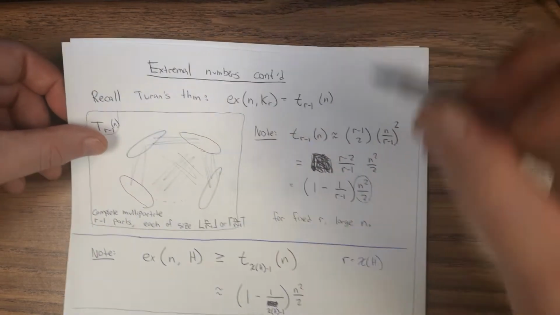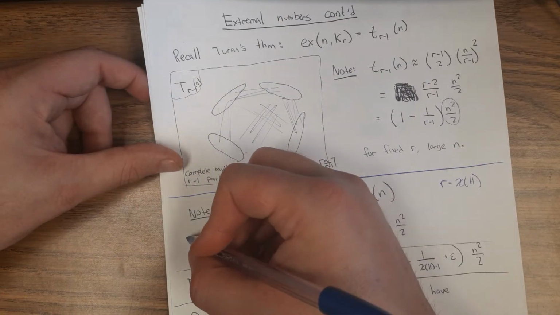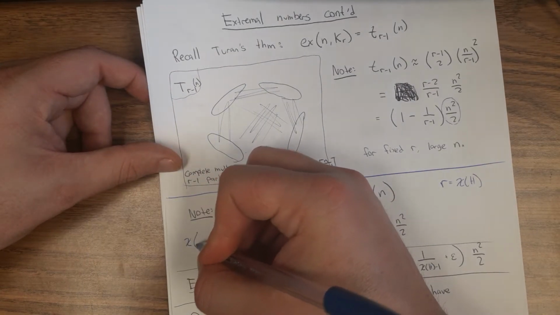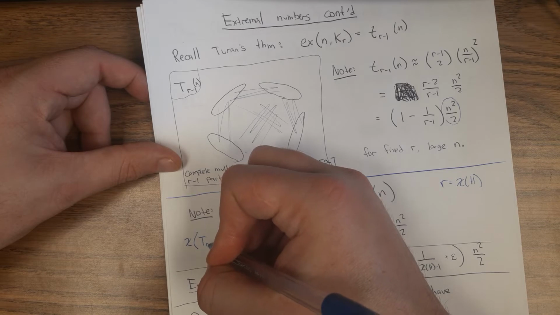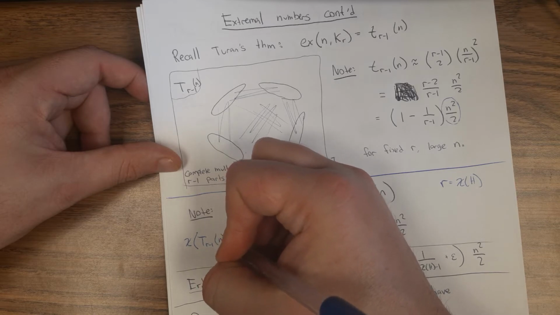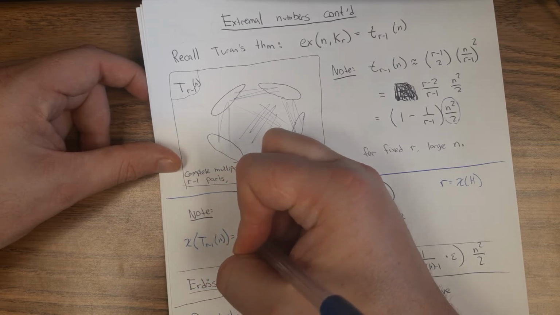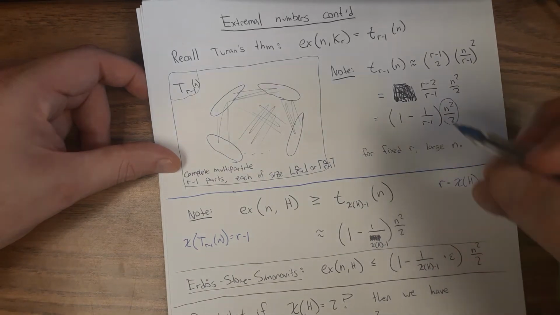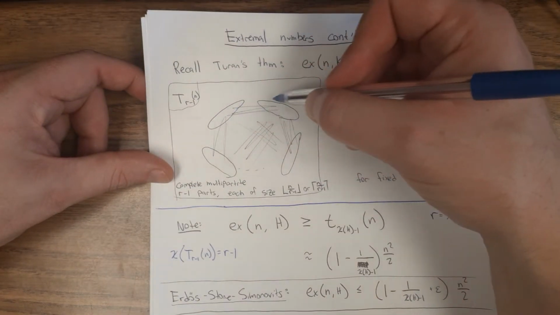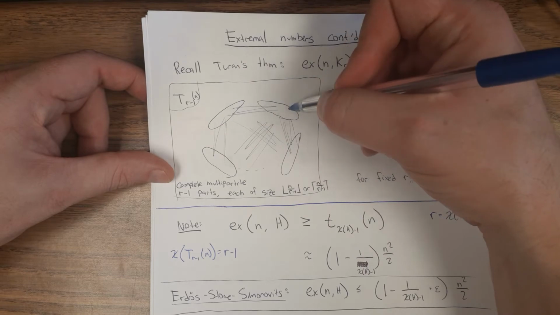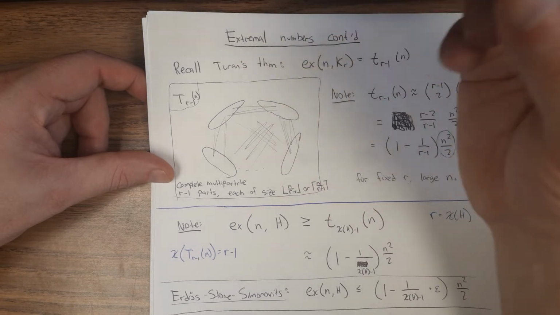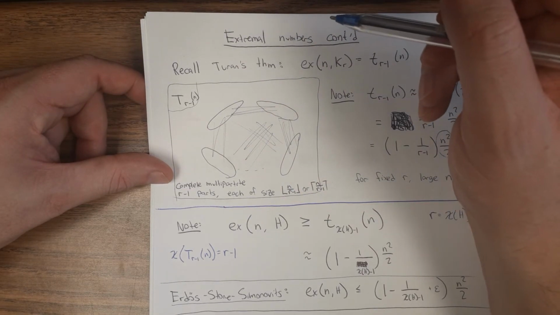The chromatic number of this graph is r minus 1 because I can just give this all the same color, give this all the same color, give this all the same color, and I would use r minus 1 colors.